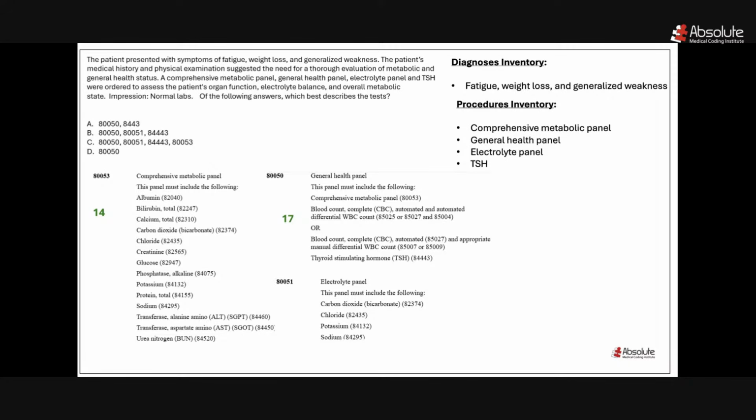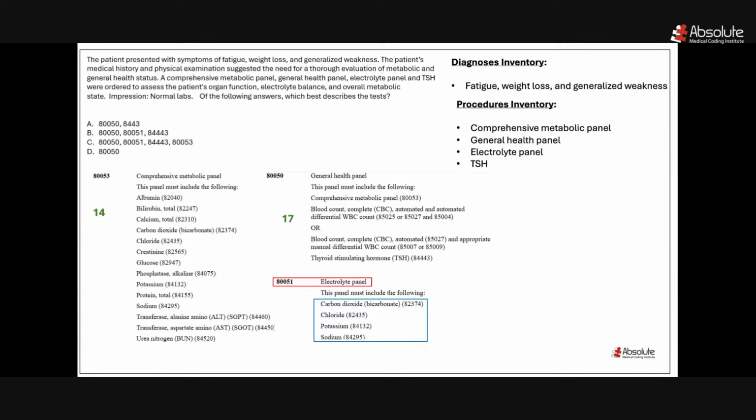We had a comprehensive metabolic panel, a general health panel, an electrolyte panel, and TSH as well. The code 80051, which is for the electrolyte panel, is coding for carbon dioxide, chloride, potassium, and sodium.